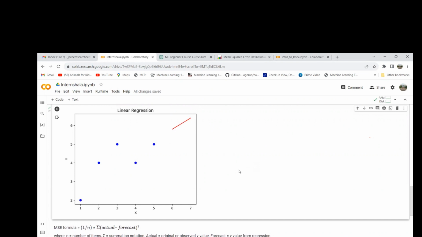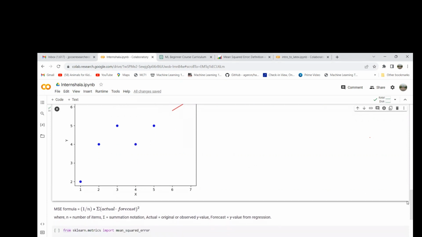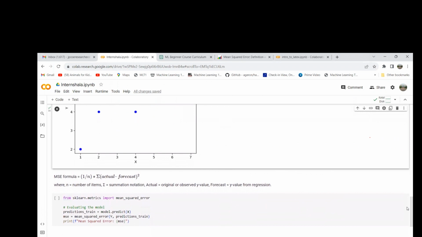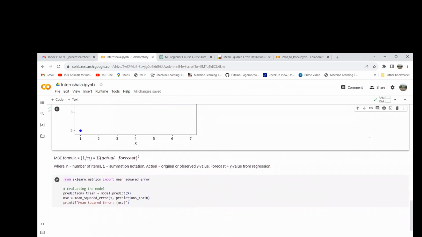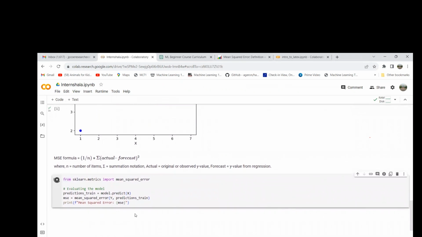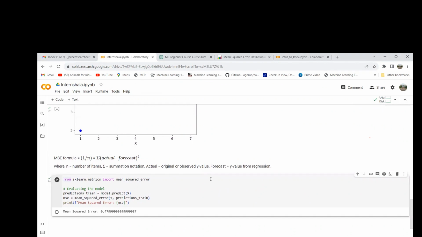So whenever we subtract the actual minus forecast, it gives you the error with respect to the fitting of the line. So when we run this program, we'll get a value of approximately 47.9%. So that is the amount of error that the scattered value is forecasting with respect to the future demand.